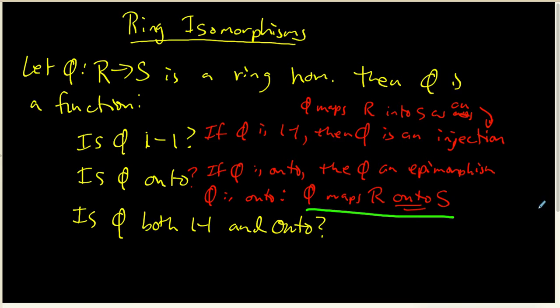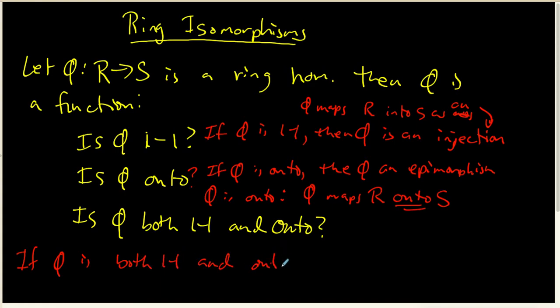And when phi is both one-to-one and onto, we're going to give that kind of a function a special name. So if phi is both one-to-one and onto, we call phi a ring isomorphism.